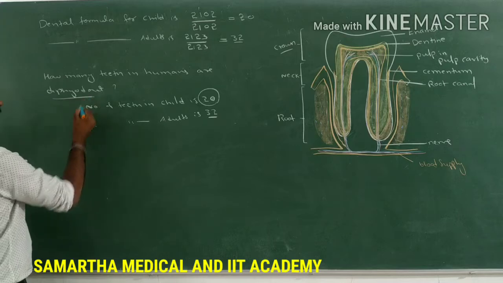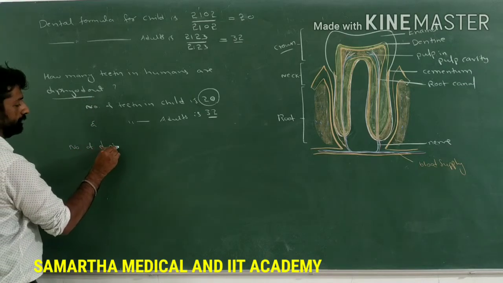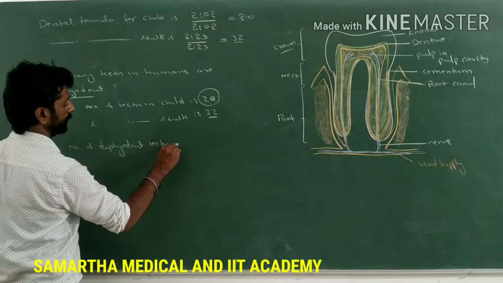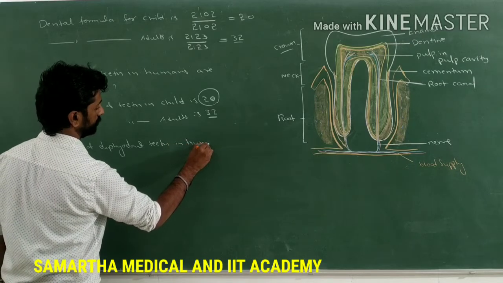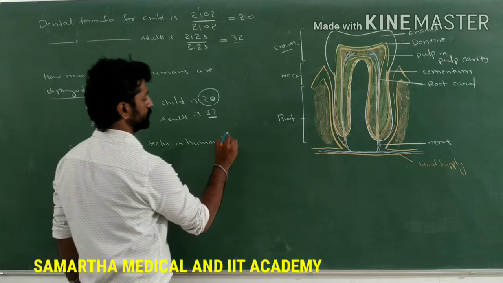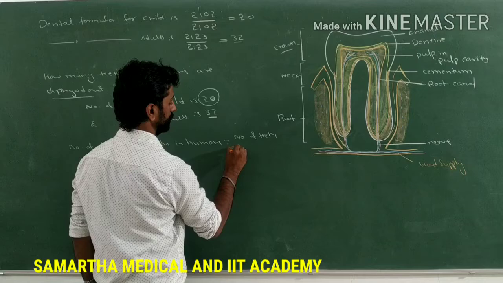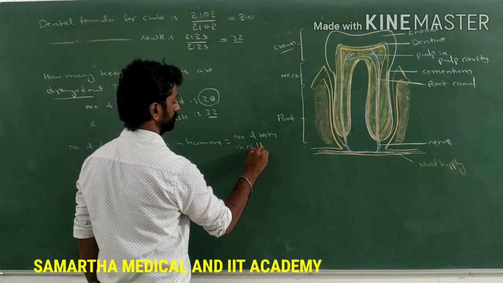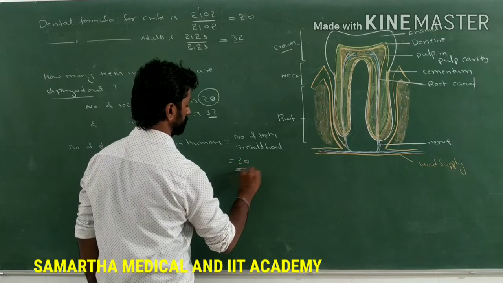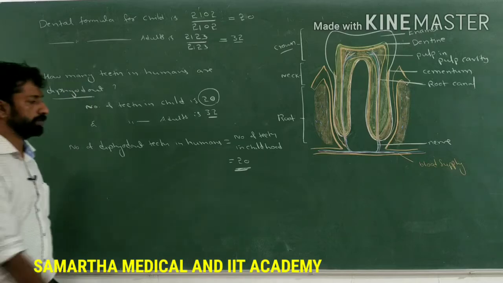So the number of diphyodont teeth in humans is equal to the number of teeth in childhood, that is 20. So the number of teeth which are diphyodont in nature is 20 only.